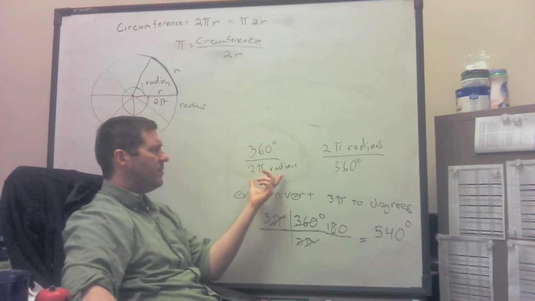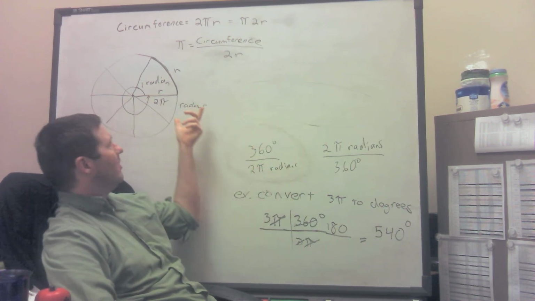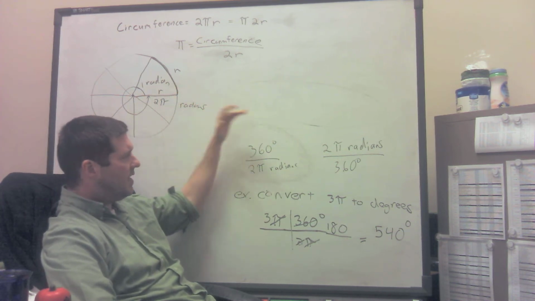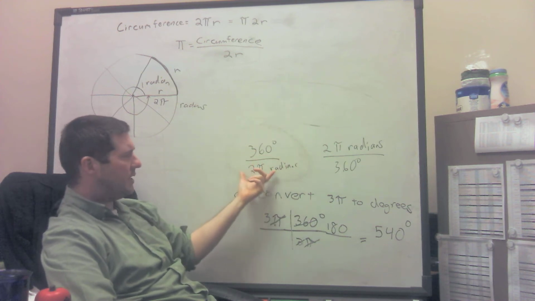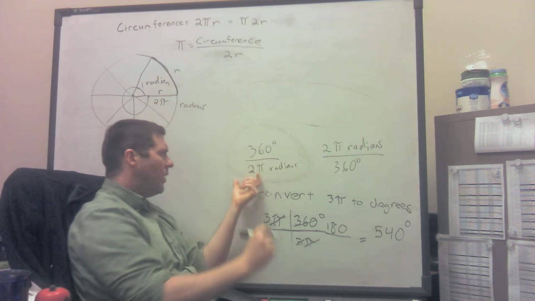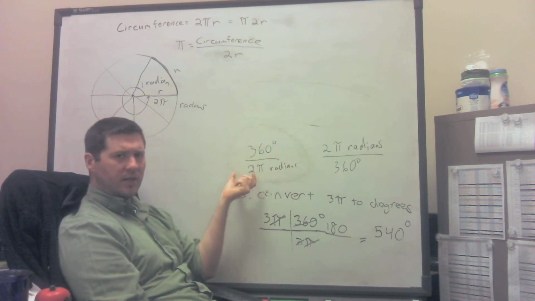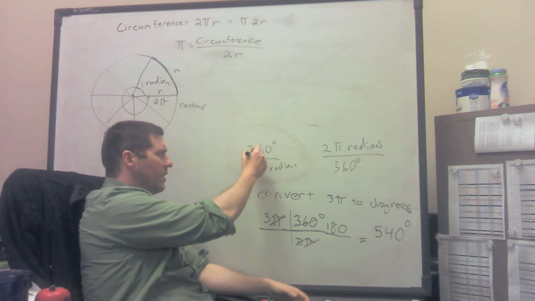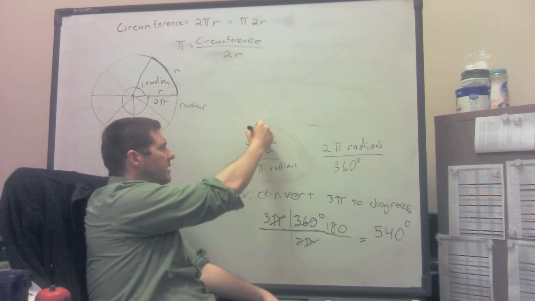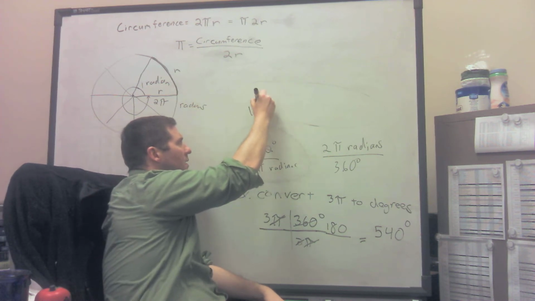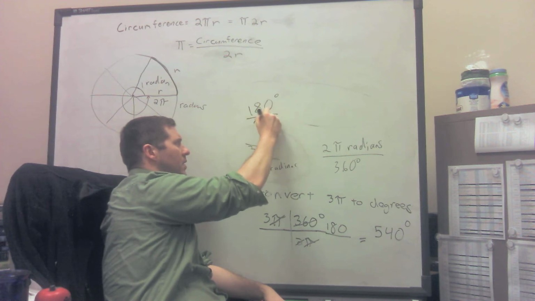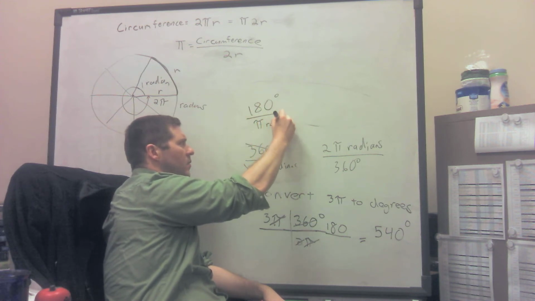I'm used to doing it this way because I always start off from this idea that 2 pi is equal to 360 degrees, and that's how I come up with my ratios. You could simplify these before we do any calculations. We could cancel out the 360 and the 2. 360 is divisible by 2, so this is the same as 180 degrees divided by pi radians.